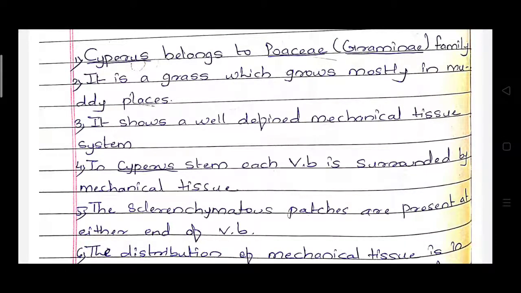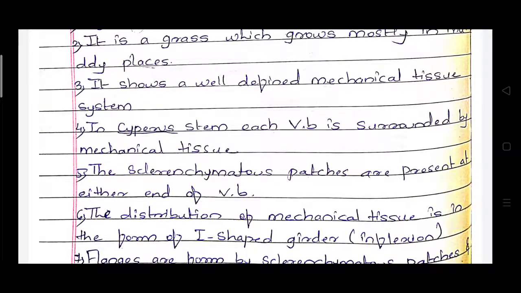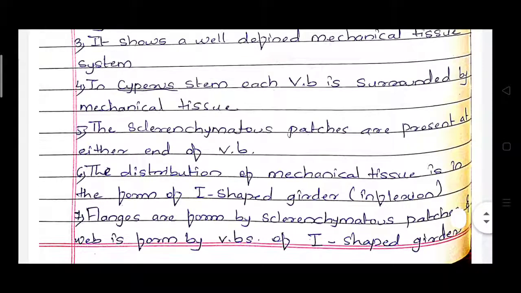As you know, in the stem of Cyperus, each vascular bundle is surrounded by mechanical tissue, and these sclerenchymatous patches are mostly present at the ends of the vascular bundle.